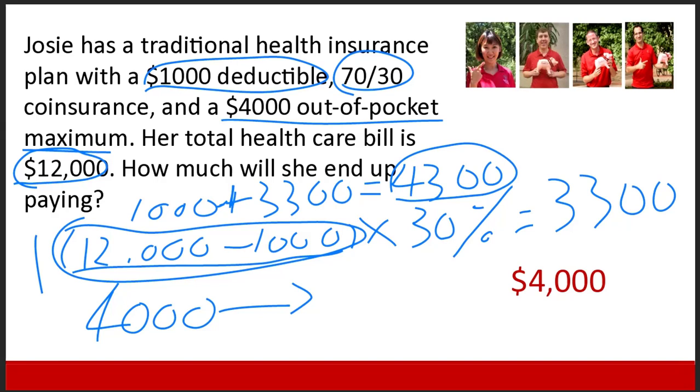One is the out-of-pocket total cost, a number we calculate here, which is 4,000. But if the question asks what is her total cost of the health insurance, that will be different.